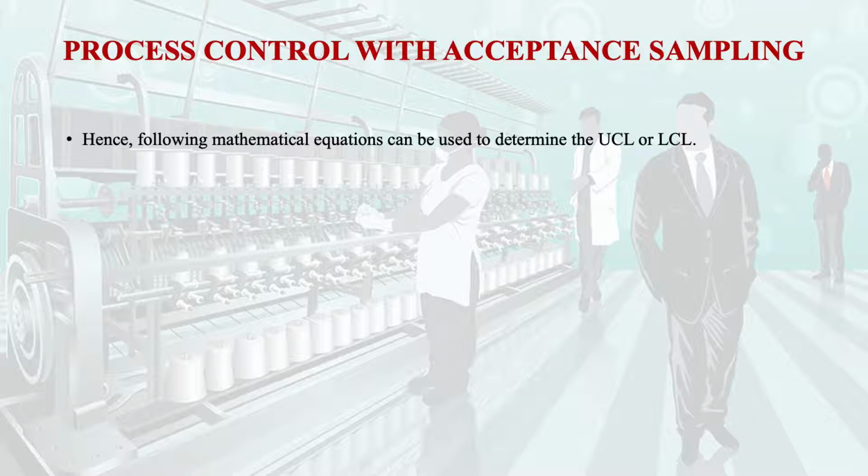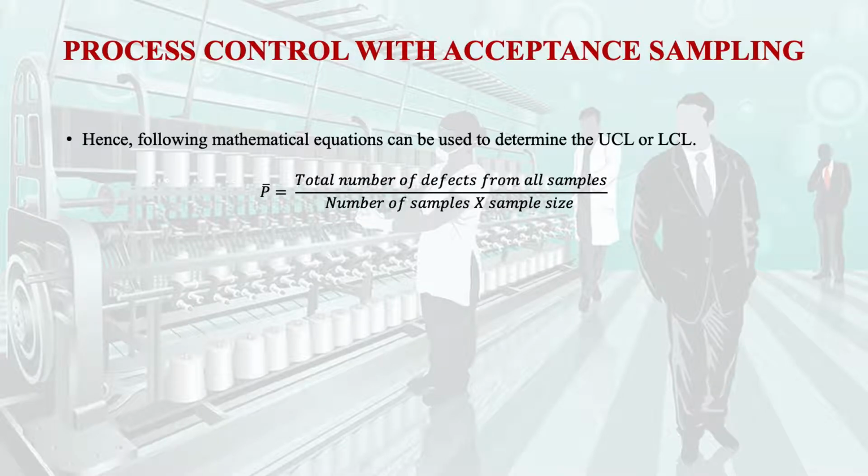Here is a mathematical formula that can be used to determine the UCL or LCL. P bar is the total number of defects from all samples divided by the number of samples multiplied by the sample size.